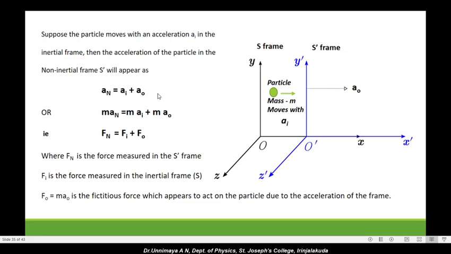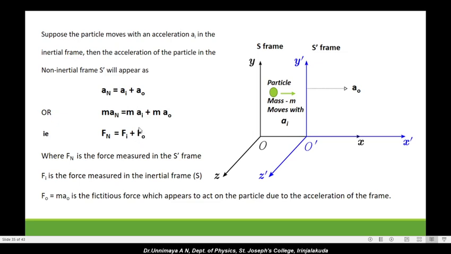Multiplying throughout with the mass of the particle, m into an is equal to m into ai plus m into a0. What is m into an? m into an is the force acting on the particle in the non-inertial frame, that is Fn, equal to m into ai, the force acting on the particle in the inertial frame Fi, plus what is ma0? ma0 is a force acting on the particle in the non-inertial frame.